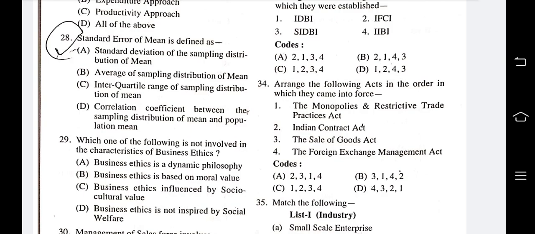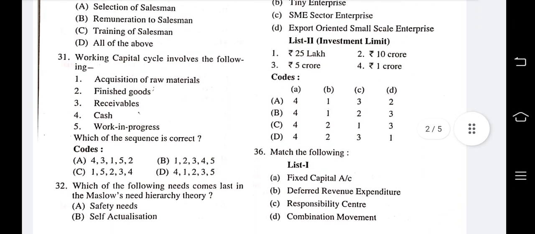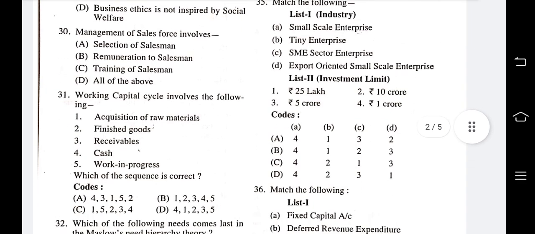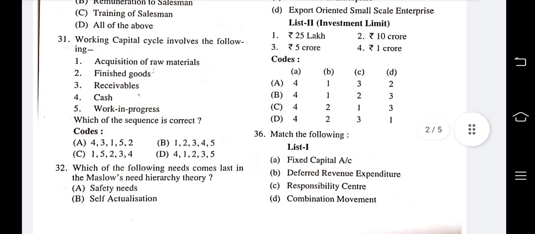These are the questions of this set. Then there are the maths questions, which will be solved in the next class, or you can solve them yourself.